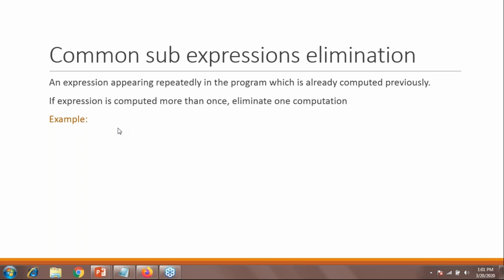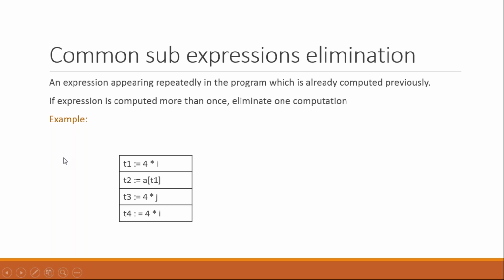Let's take one example with three address code generation: T1 equals 4 into I, T2 equals A of T1, T3 equals 4 multiplied by J, and T4 equals 4 into I. In the given example, T1 equals 4 into I as well as T4 equals 4 into I, and T1 is never used with other expressions or operations, right?